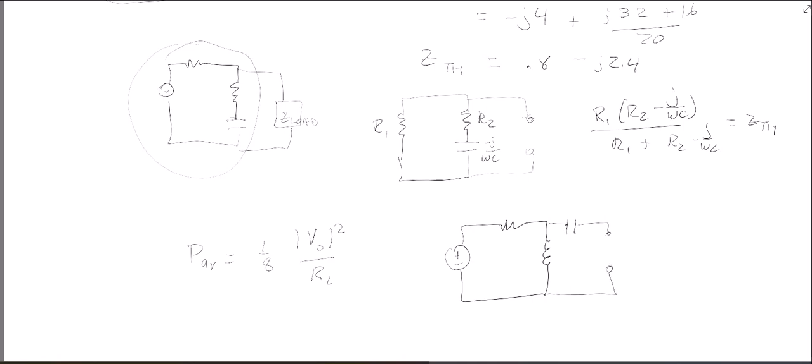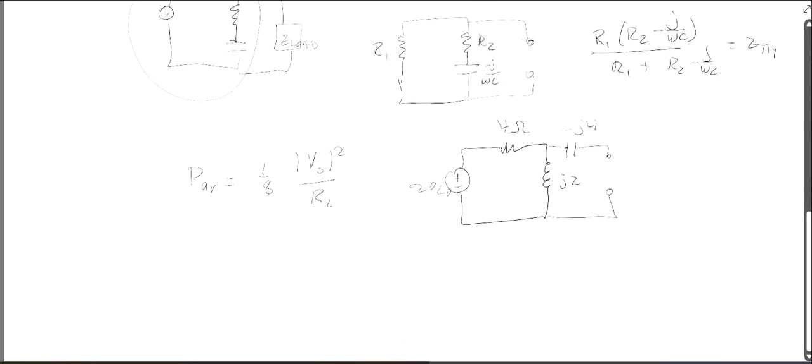So here is our circuit. This was minus J4. This is J2. This was 4 ohms. This is 20 angle 0. To find the voltage here, we can do voltage division.